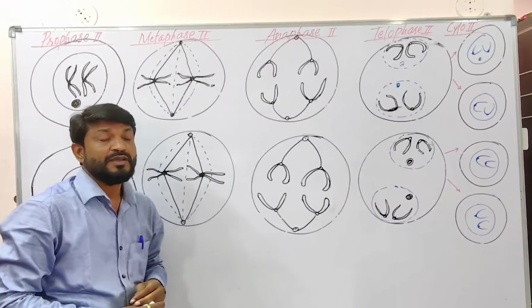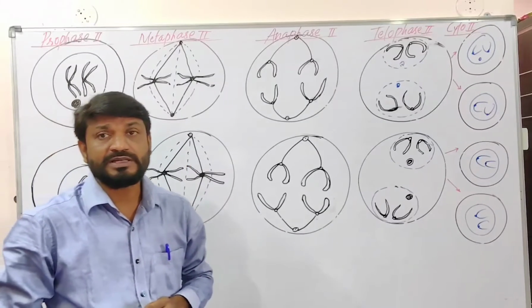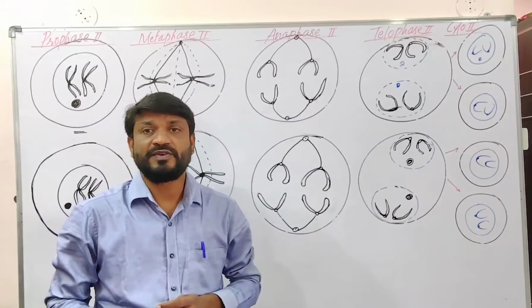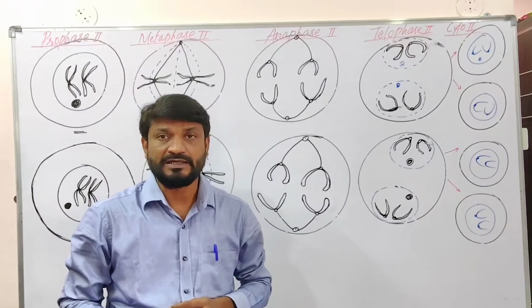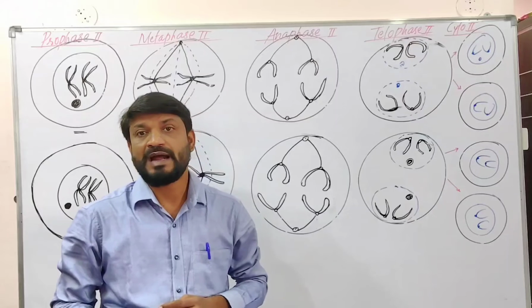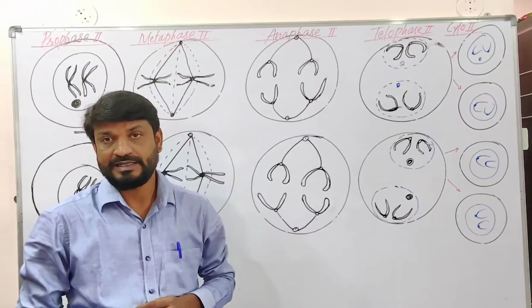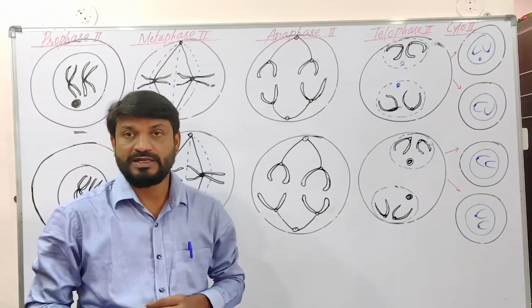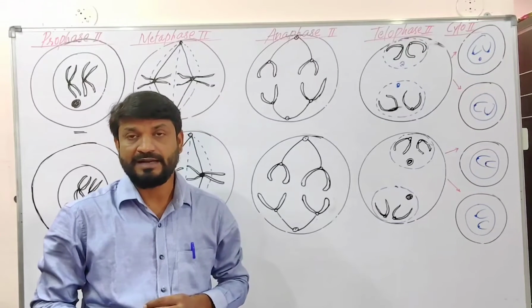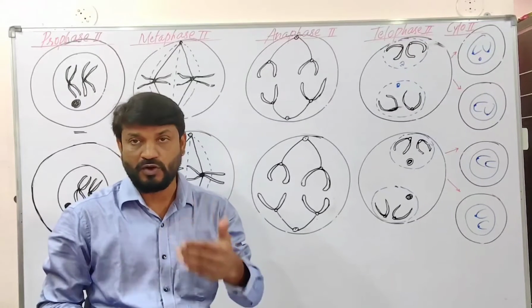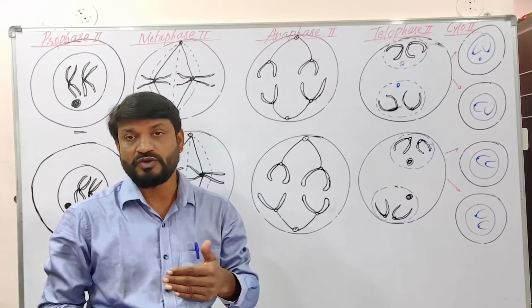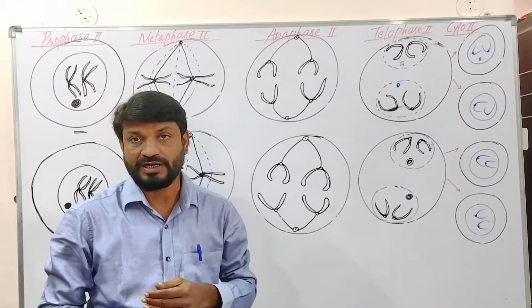Now students, the phases of meiosis 2 are very similar to the mitosis stages. We already studied mitosis, where from one cell there is formation of two daughter cells, and their chromosome number is also equal during the mitotic phases.